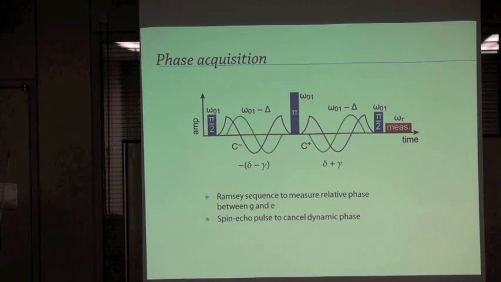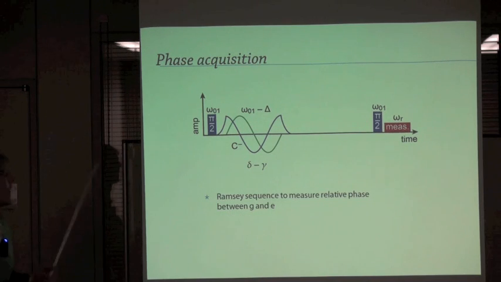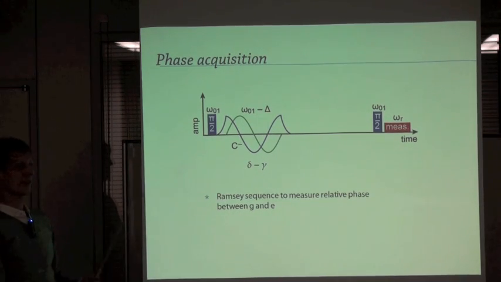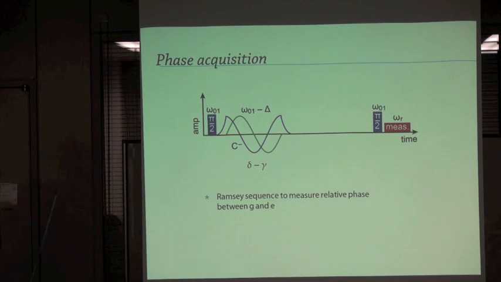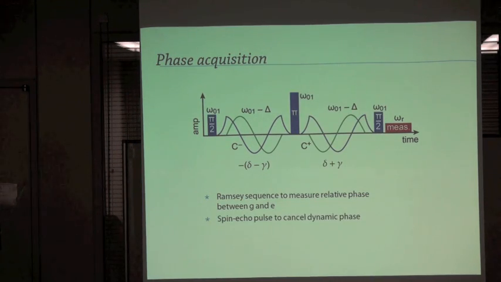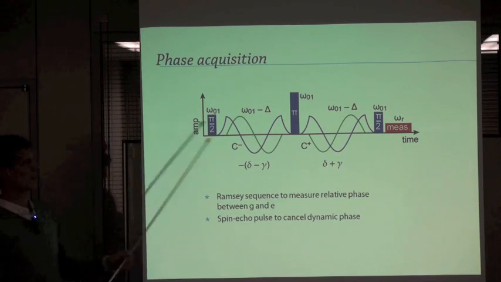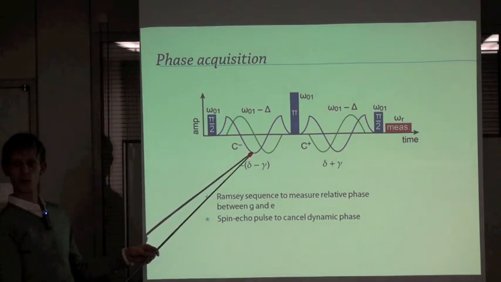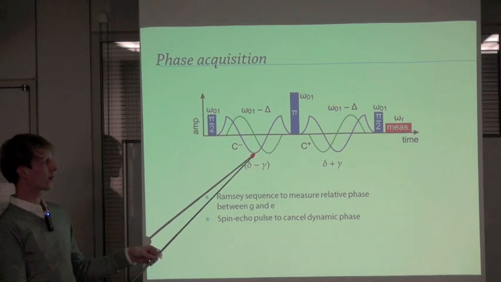But we're still not happy, because here we have some geometric phase, but also dynamic phase, which we're not interested in. So we want to get rid of it. What we do is we repeat the experiment a second time. So this is one of those circles with the B field.